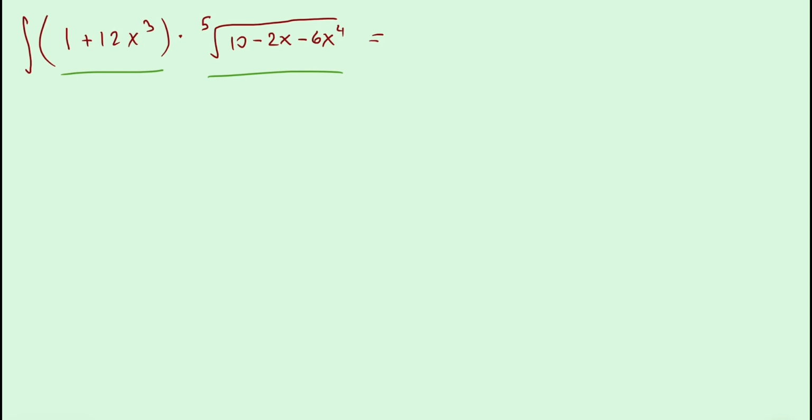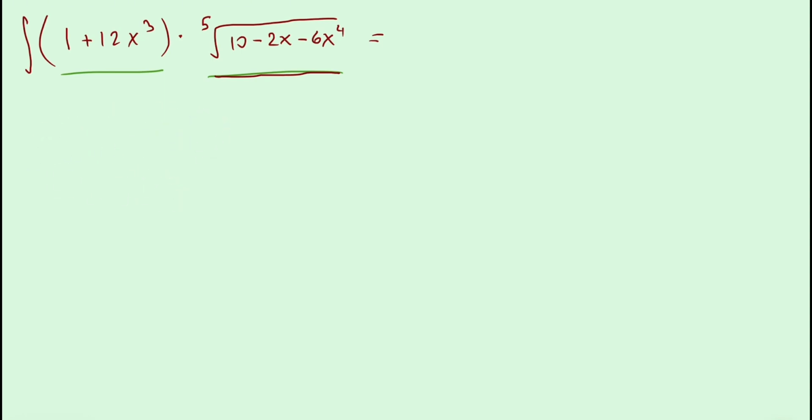So if we derive 1 plus 12x cubed, if we derive this, we will get 36x squared. And 36x squared can't be replaced with anything because the other function is this function, and there's nothing we could replace this with. Therefore, let's try to derive the second function.